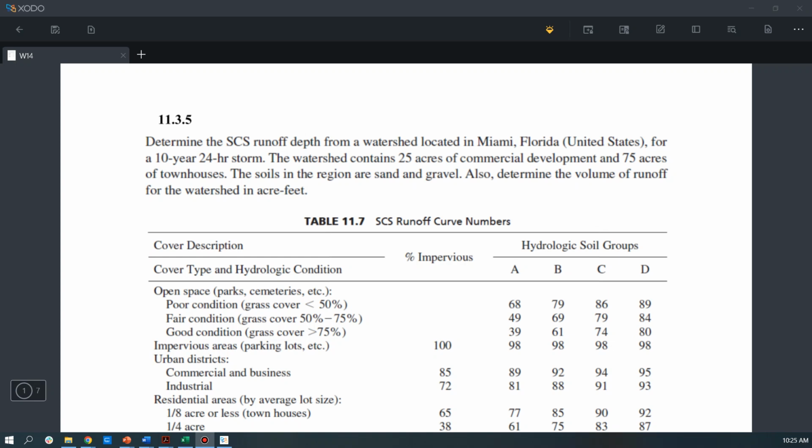So we start with the first problem, problem 11.3.5. In this problem, we want to determine the runoff depth and also the volume of the runoff at a given location in Miami, Florida, with the 10-year 24-hour storm. The problem also tells us the soil in the region is sand and gravel.